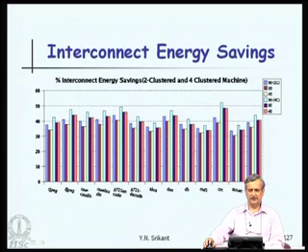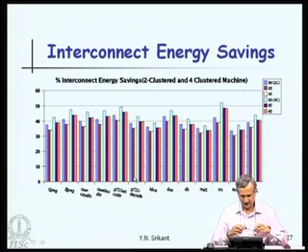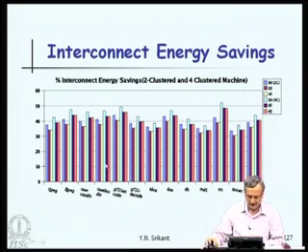So, here are the results that we really have. What we just want to show is that it is effective. For example, interconnect energy savings for 2 clustered and 4 clustered machines are shown here.